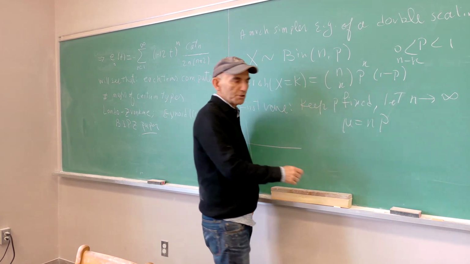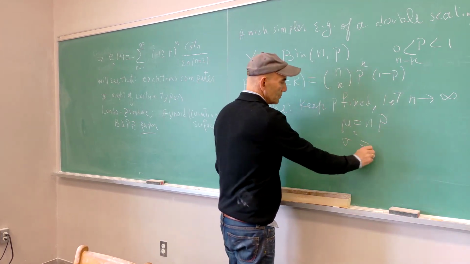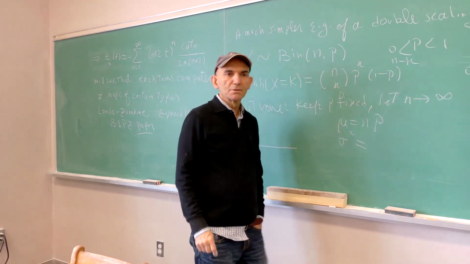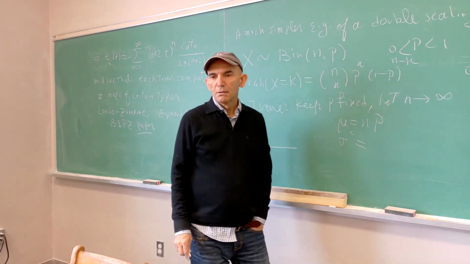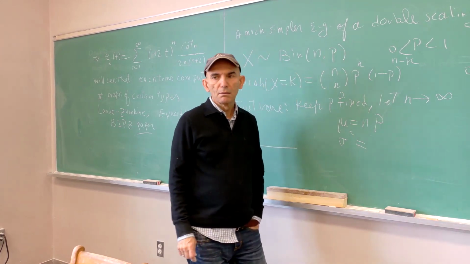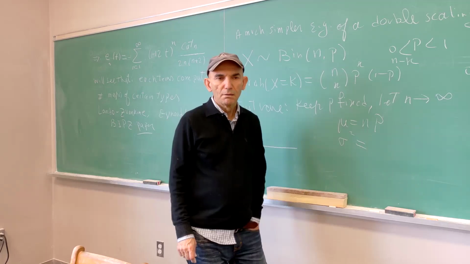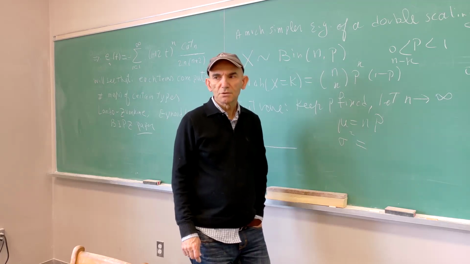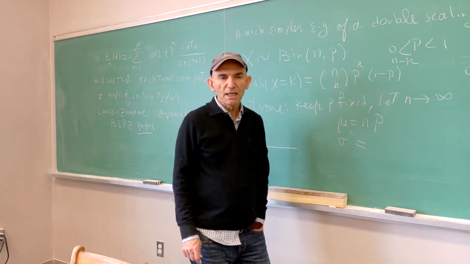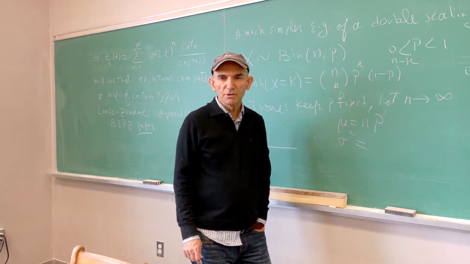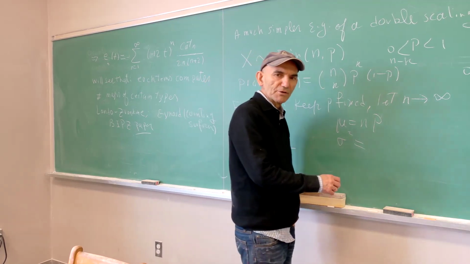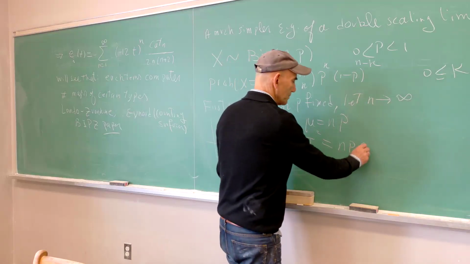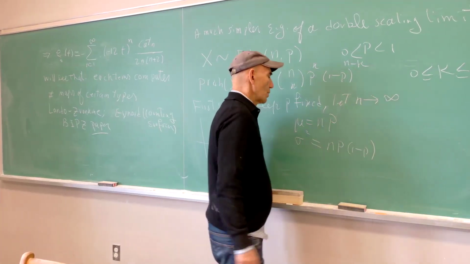And the standard deviation, you remember what is the standard deviation? We can compute it, but the standard deviation is NP times 1 minus P, I believe. Do you confirm? Yeah. It's NP times 1 minus P.